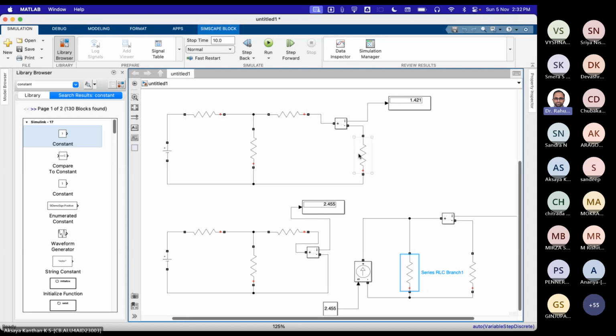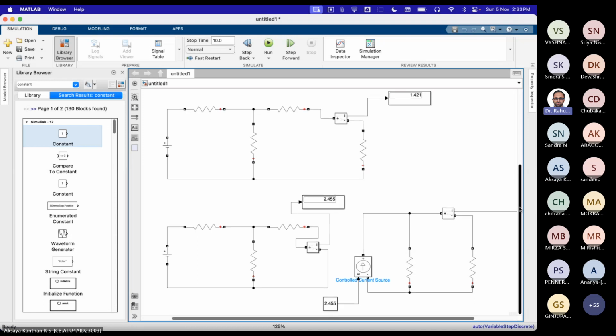The 10 ohm is also there, and after removing that 10 ohm, we find the Norton current. So that is 2.455, I think. 2.455 is right, Akshaya? Yes, sir. IN is 2.455, specified here, and the effective resistance you can find like what we found as RTH in Thevenin itself.